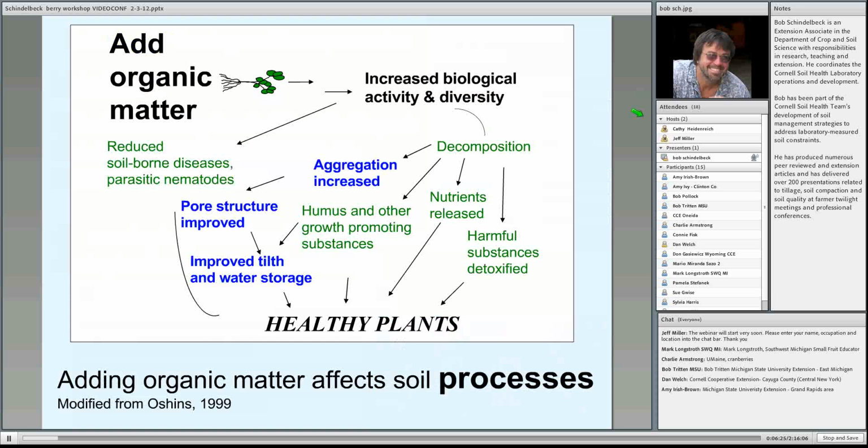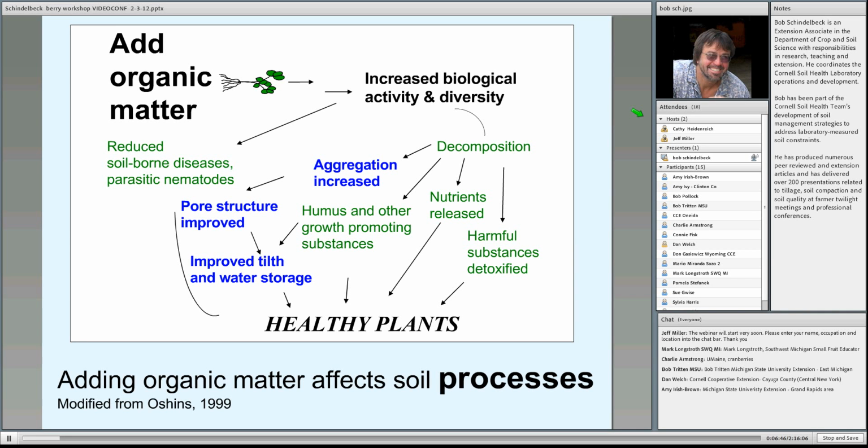Okay, so let me begin. We're going to talk a lot about organic matter today. So this is a very useful slide to put things into perspective of how we think about organic matter. I guess this probably all makes sense to us by now, if you're interested in soil processes.